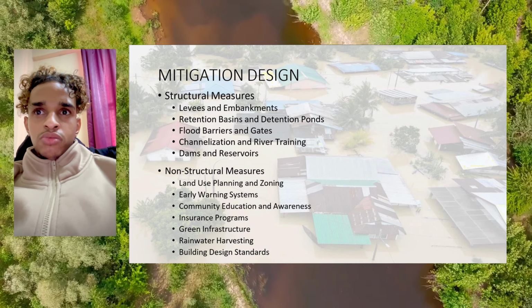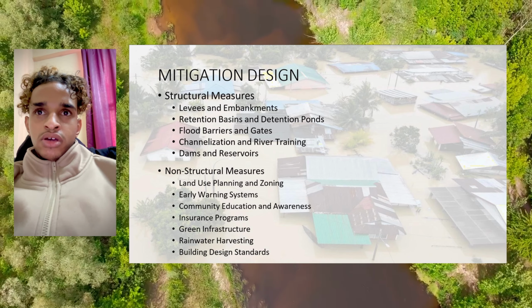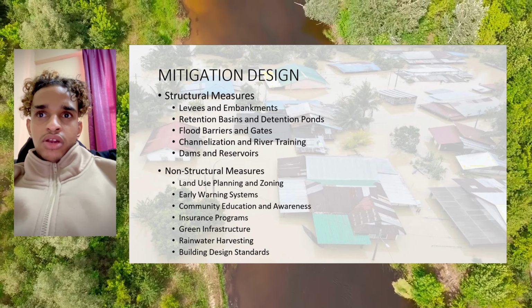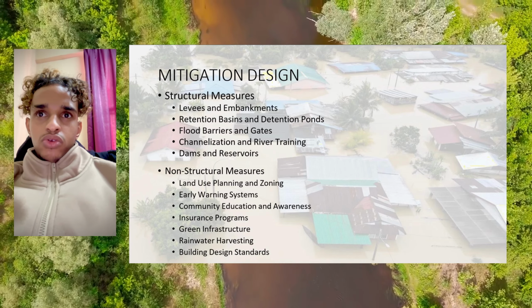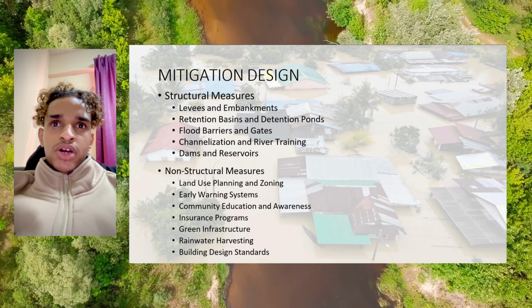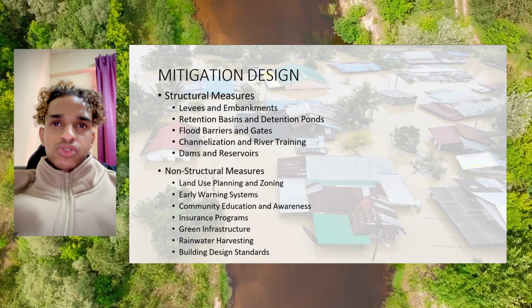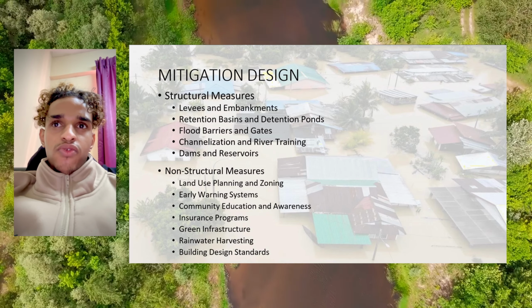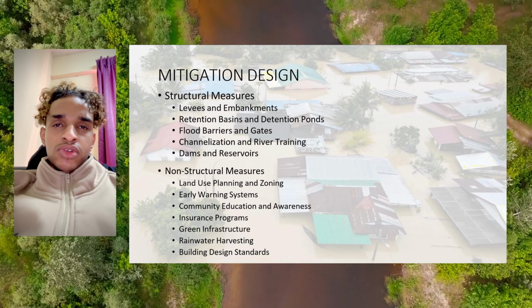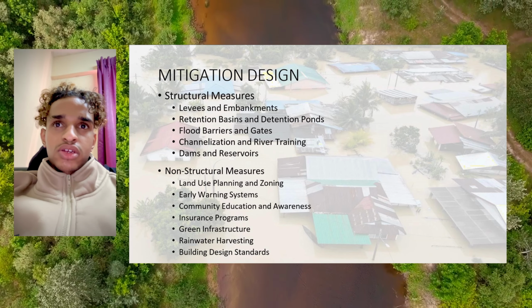Structural measures include levees and embankments. Both of these are important components of flood control systems, which provide a line of defense against the destructive impacts of floods and help safeguard communities and infrastructure from water-related disasters.